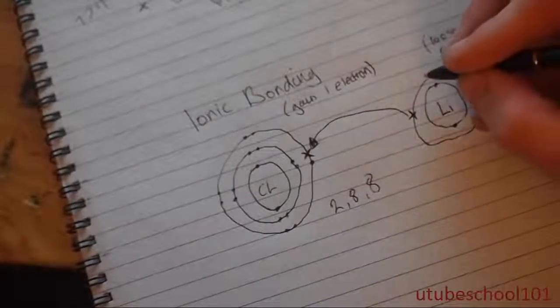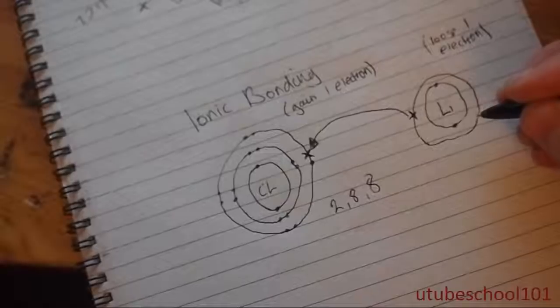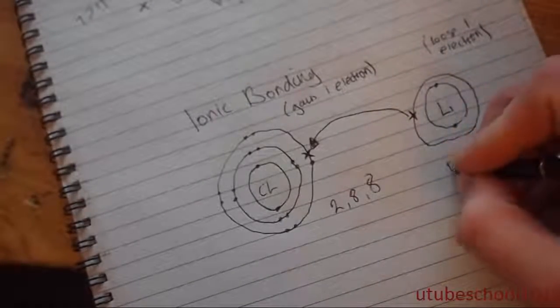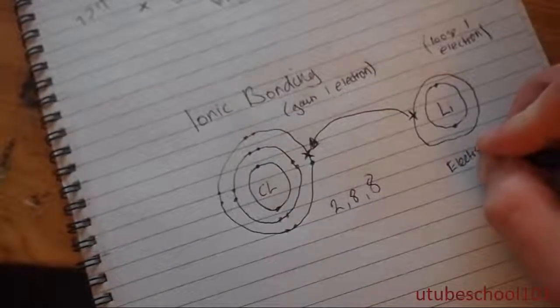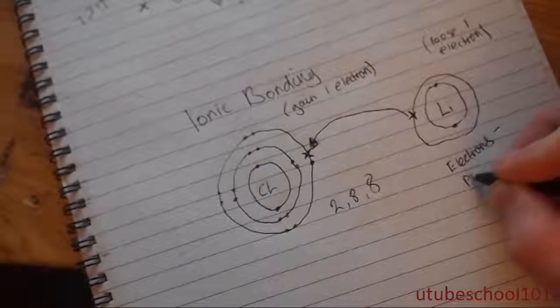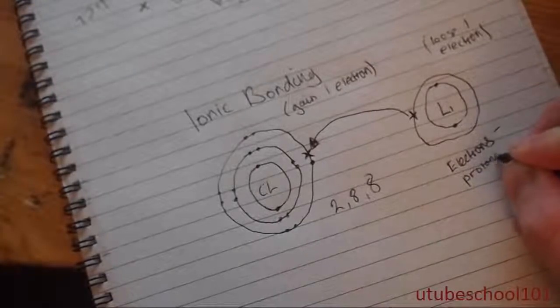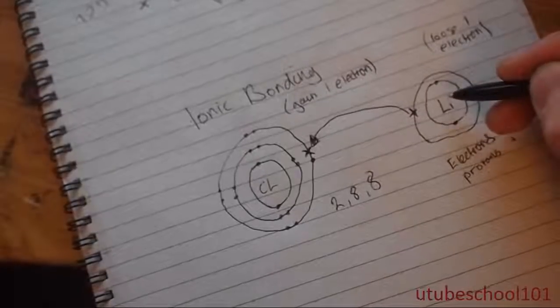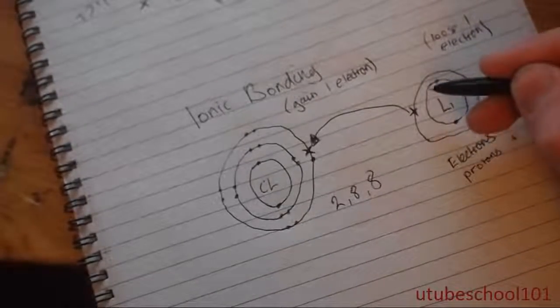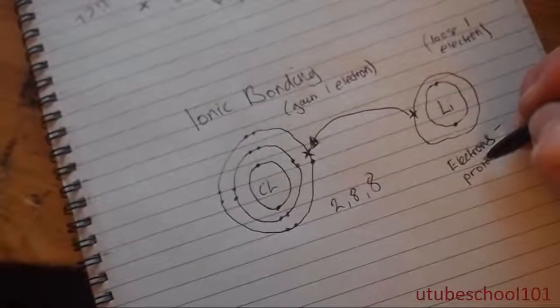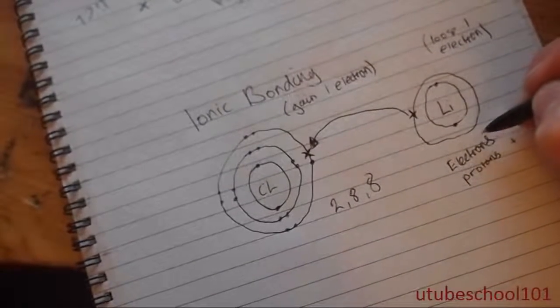And when it gives away an electron, it loses a negative charge because all of the electrons have a negative charge, and inversely, all protons have a positive charge. So before this lithium element gave away its electron, it was balanced because it had 3 protons and 3 electrons.